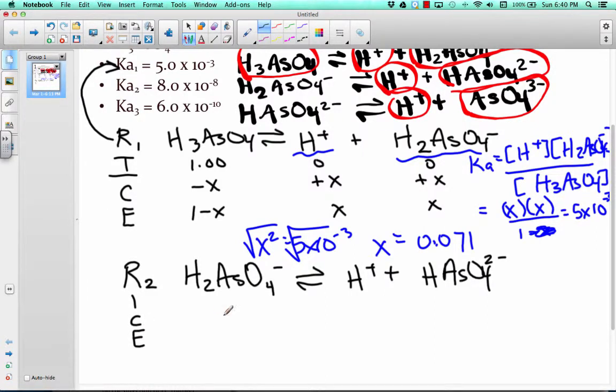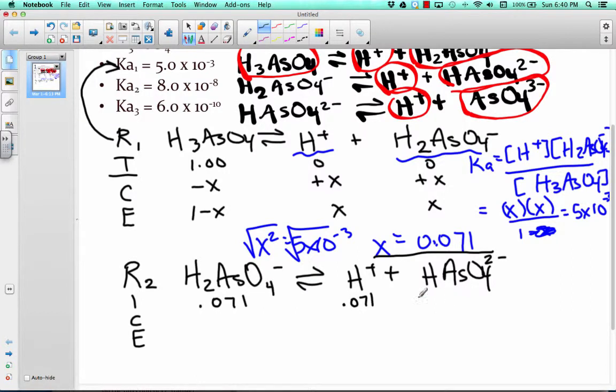Note what we do with the initial concentrations. I started with 1 molar arsenic acid. My X from that dissociation was 0.071. X gives me the value of both the hydrogen ions that I have in the beginning and also the dihydrogen arsenate ions that I have in the beginning.